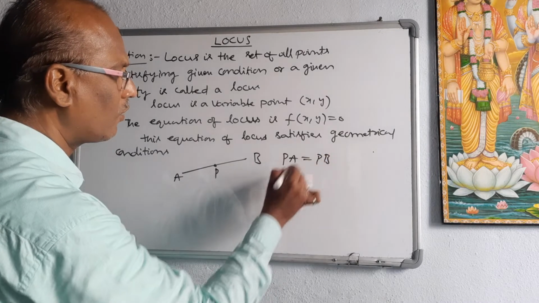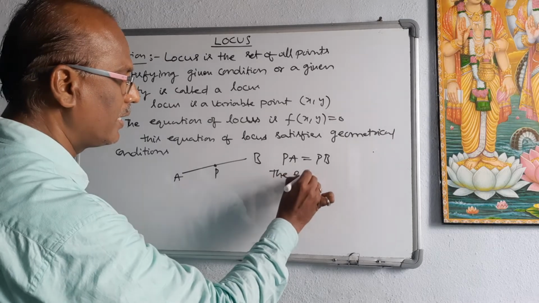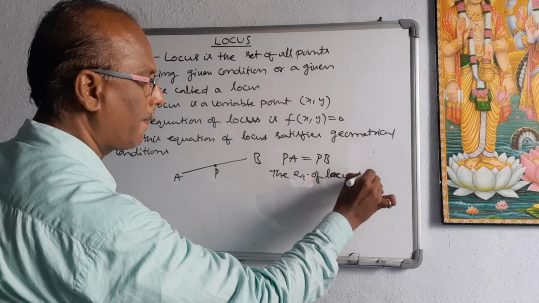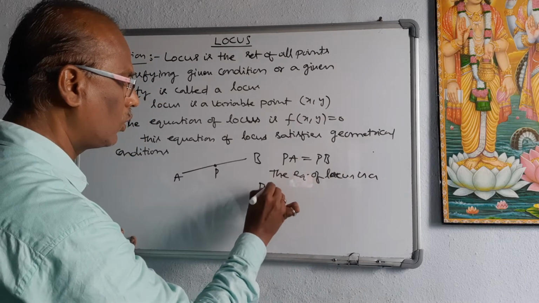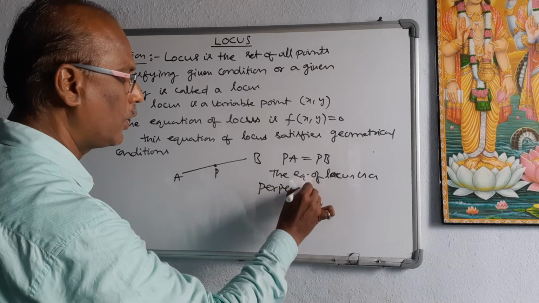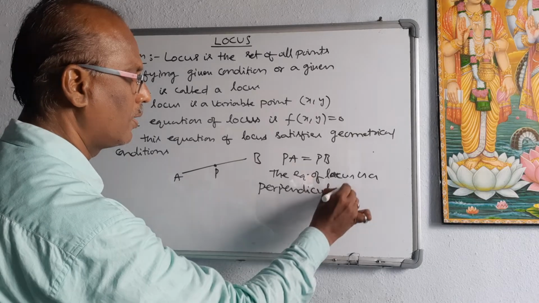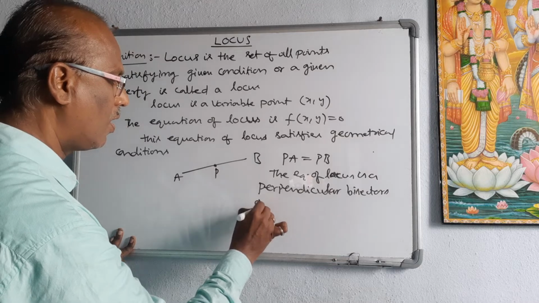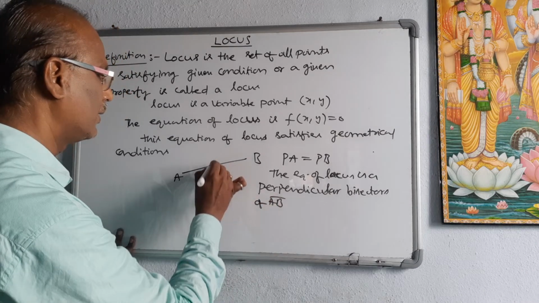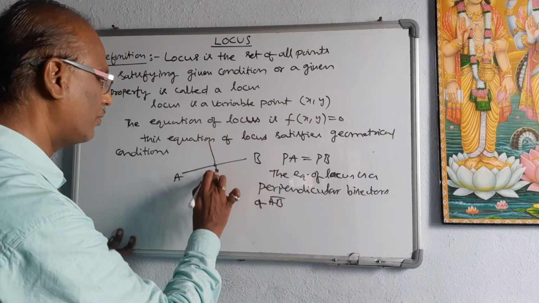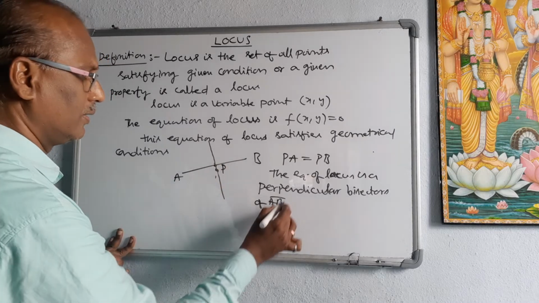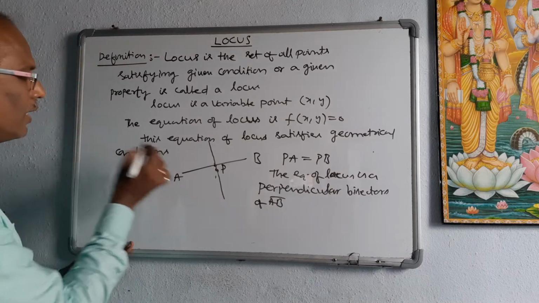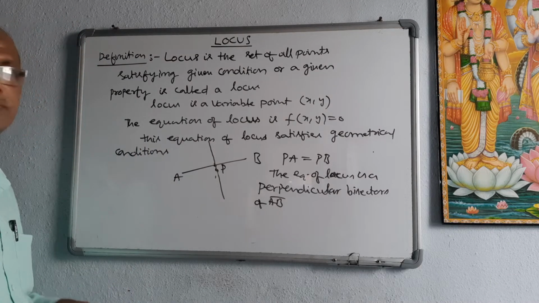The equation of locus is the perpendicular bisector of AB. The equation of locus also satisfies some geometrical property equation.